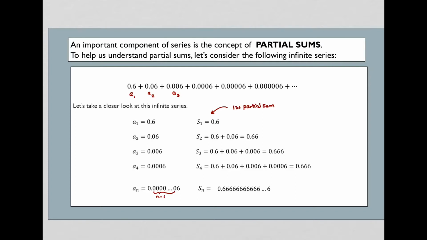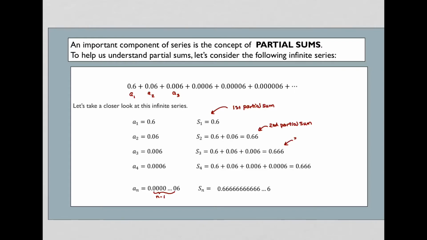S sub 2 is said to be my second partial sum, and that's the partial sum that comes from taking the sum of the first two terms. That's 0.6 plus 0.06, or 6/10ths plus 6/100ths. And if I add those two terms together, notice I get 66/100ths, or 0.66.